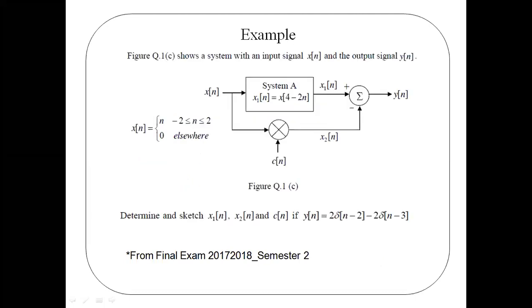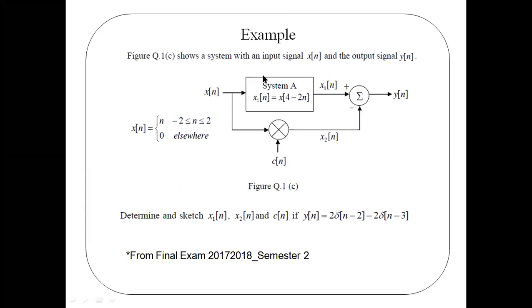Right, so let's have a look at another example. Again, this is dealing with a discrete time signal. This is an excerpt from the 2018 semester 2 exam, question 1c. The input x[n] is the input to a system A, where x[n] is branched into two lines.